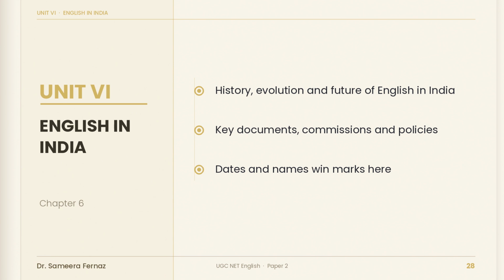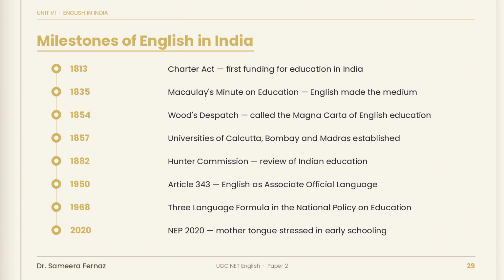Here are the milestones. In 1813, the Charter Act gave the first funding for education in India. In 1835, Macaulay's Minute on education made English the medium of instruction. In 1854, Wood's Dispatch appeared, often called the Magna Carta of English education in India. In 1857, the universities of Calcutta, Bombay and Madras were established.